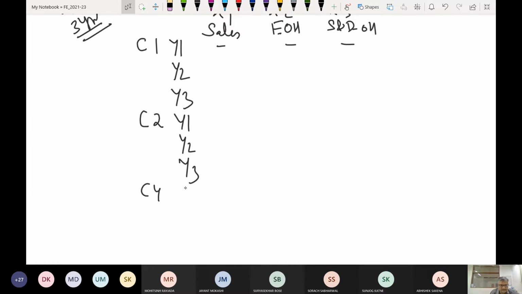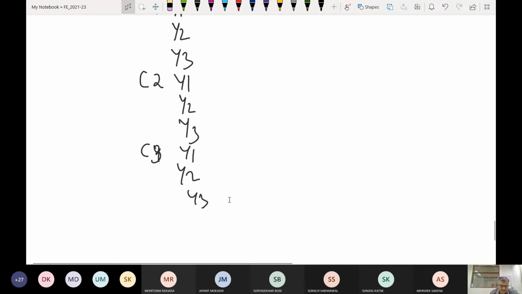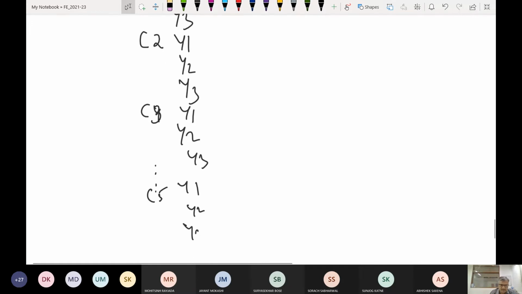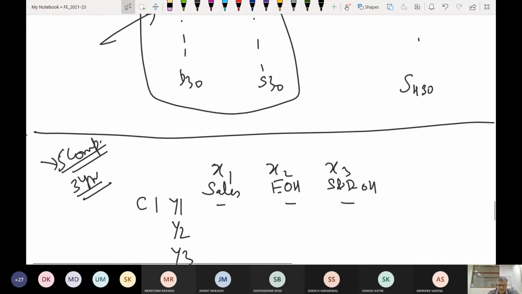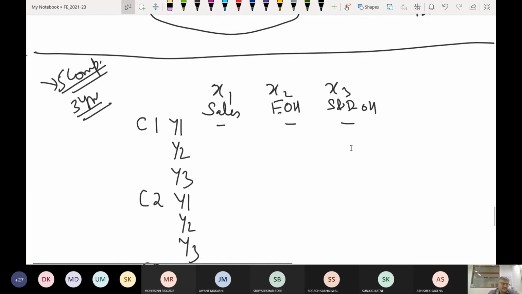So C1 with Y1, Y2, Y3, and likewise for the other companies, and all the data points are there. This is an example of panel data, and this presentation is one where C is outside and Y is inside. I could have it the other way around also.